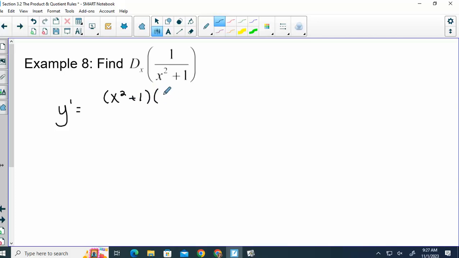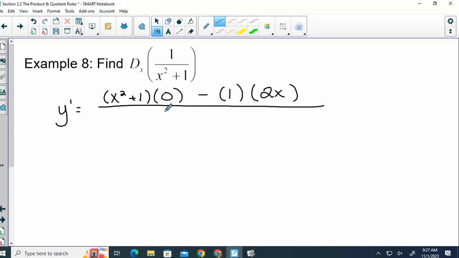What is the derivative of the top? Minus high. D low. What's the derivative of the bottom? Over low squared. Alright, 0 times anything is 0, so that all drops out, so we just get negative 2x over x squared plus 1.